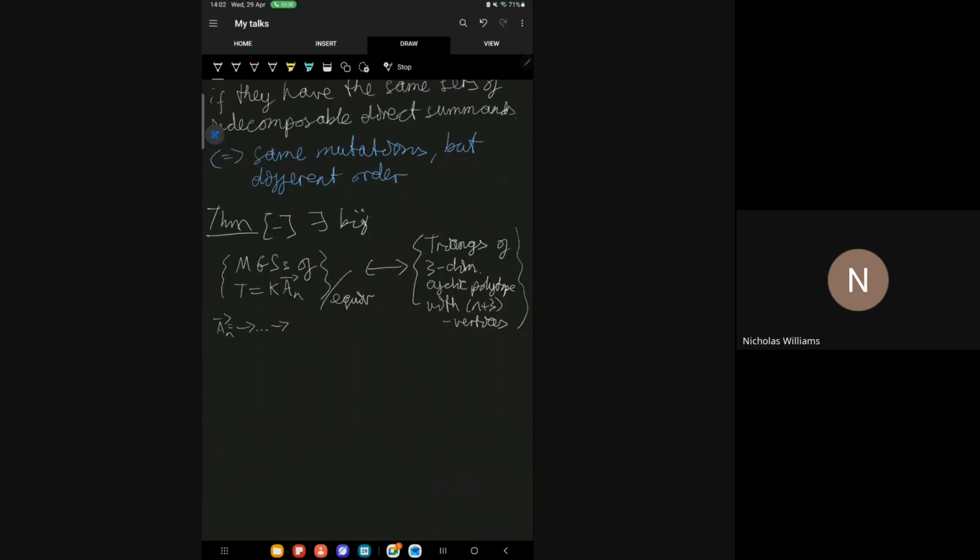So maybe just to do a quick example, just in the A2 case. You remember the cluster category looks like this.